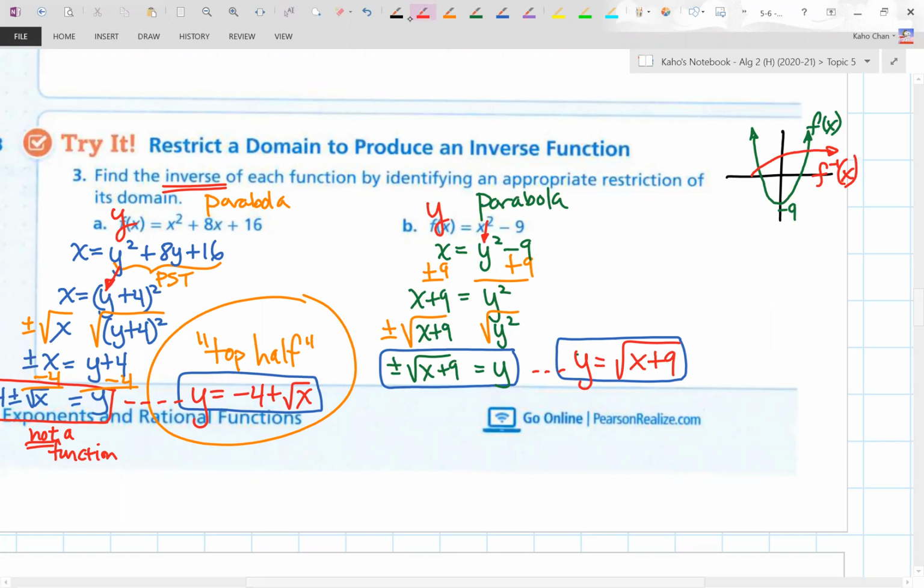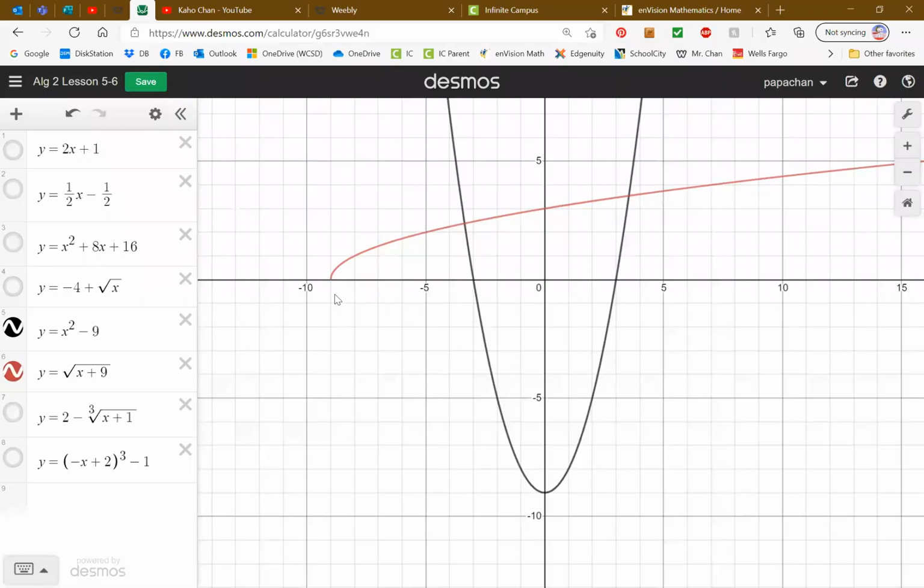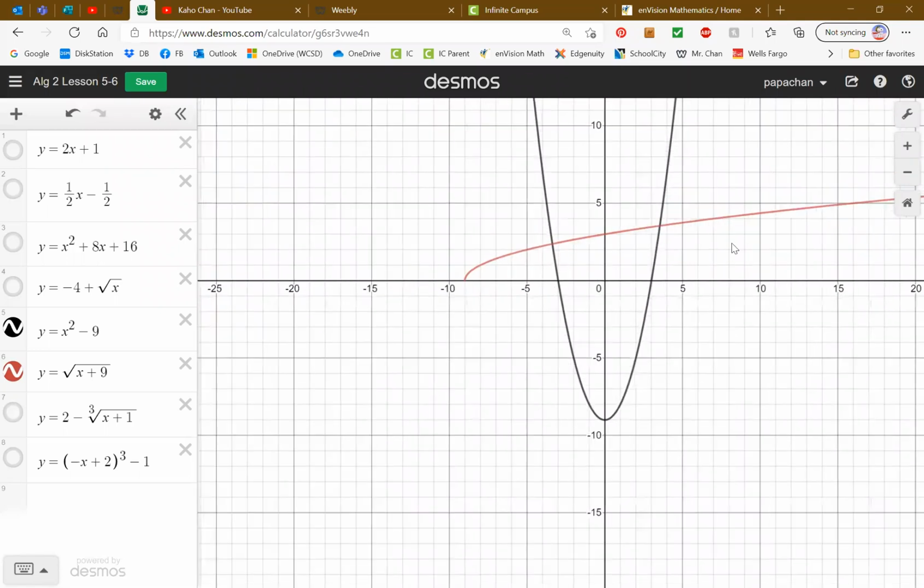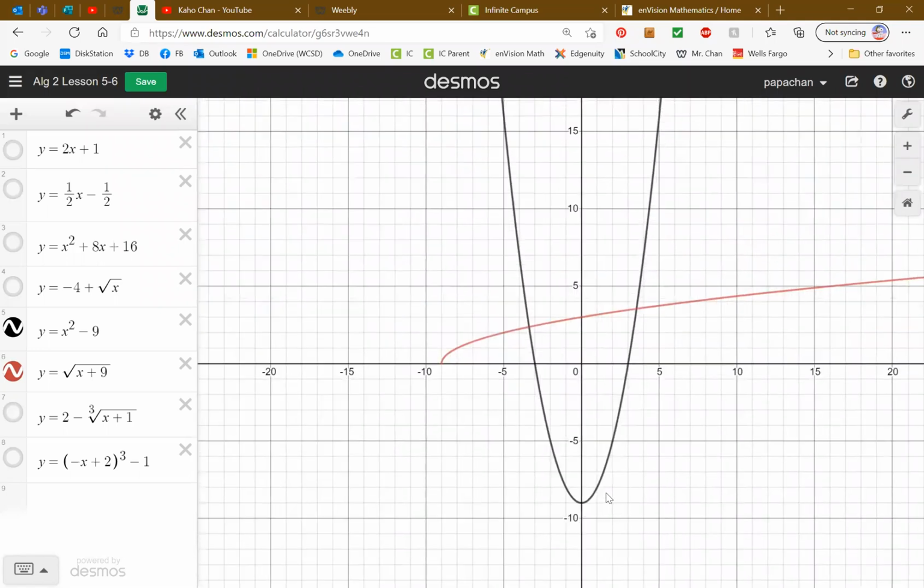Whoops. So my restriction should be f of x is equal to x squared minus 9. And my restriction for the domain is my x value must be, and let's just double check, make sure you guys are wondering. Oh, you guys see right there? Yeah. And it's going to be positive. Oh, wait a second. That top half is a mirror image of this guy right here.